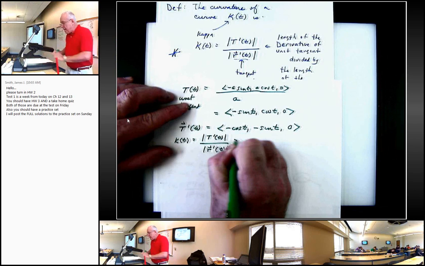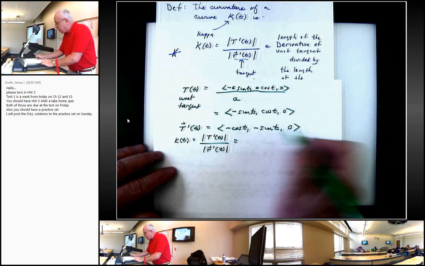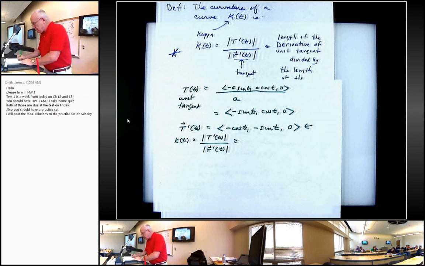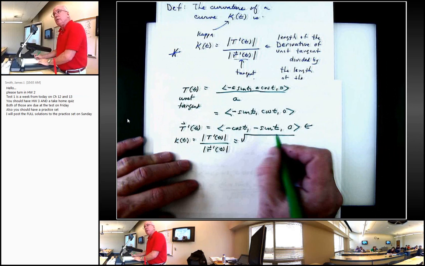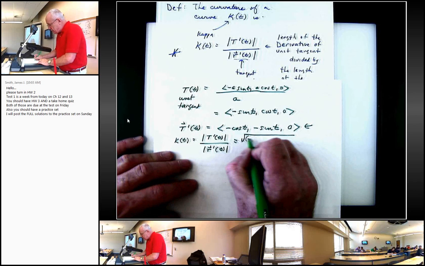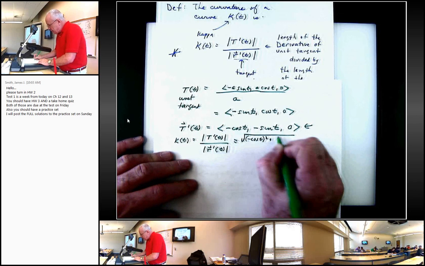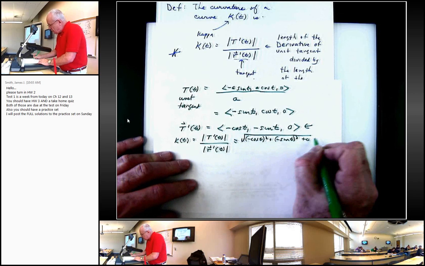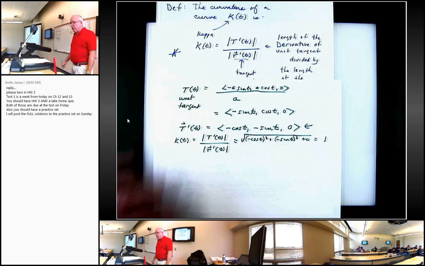Well, what's the magnitude of this vector right here? We take the square root of the squares of the components. Right, we're going to get a 1. Minus cosine T squared, minus sine T squared, plus 0. This is all going to be 1 in the numerator.